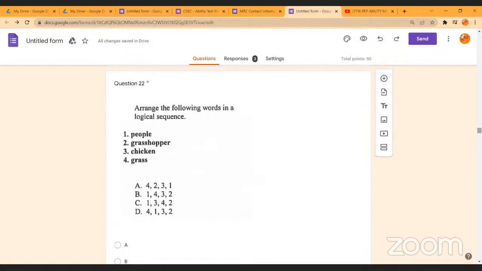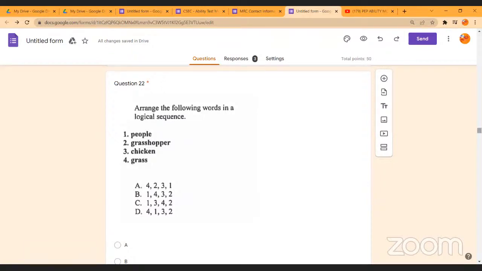Now I'm gonna go to Tiana. Tiana, you're on five questions. Okay, miss. Arrange the following words in a logical sequence. 1. People. 2. Grasshopper. 3. Chicken. 4.